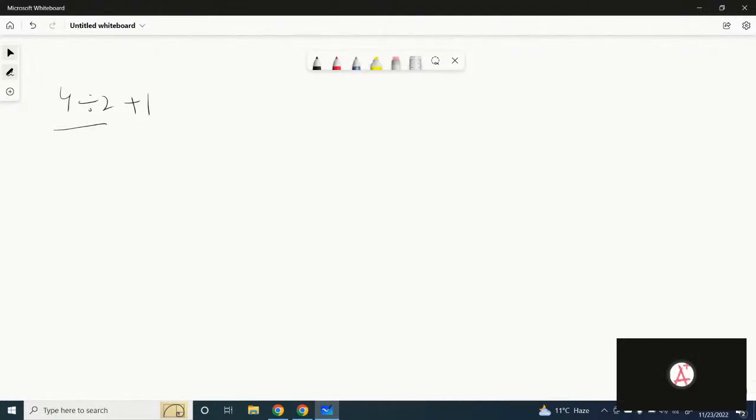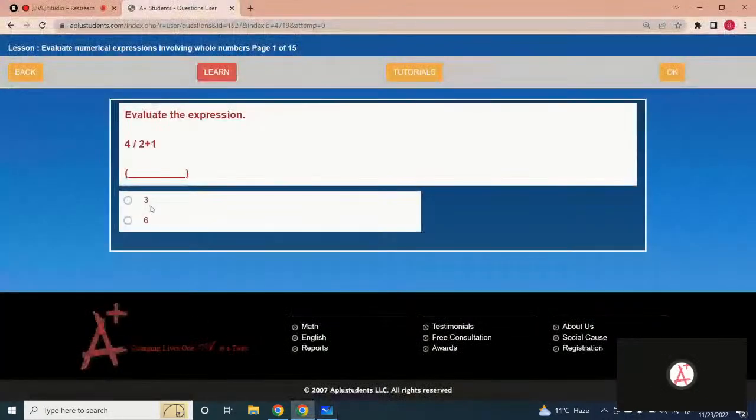First, you have to divide 4 divided by 2. So 2 times what number is 4? 2 times 2 is 4. So 4 subtract 4 is 0. So 4 divided by 2 is 2. And then you have to add 1. So 2 plus 1 makes 3. Got it? So it would be 3. Just select the correct option, then click on the OK button.